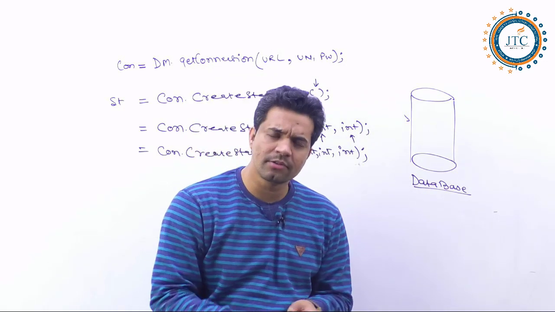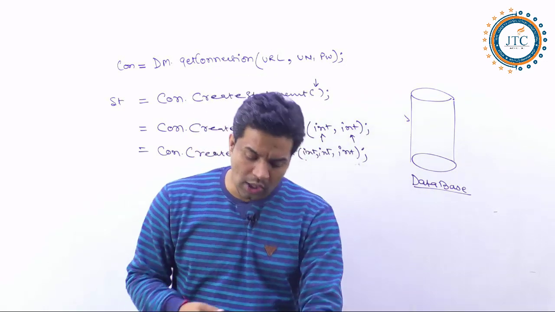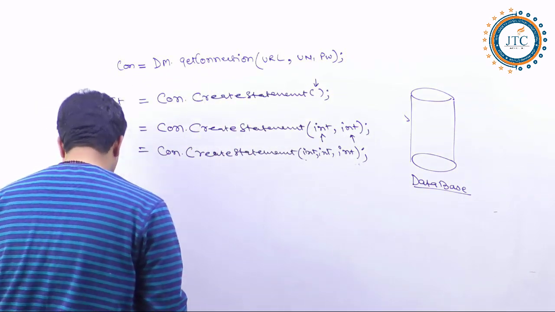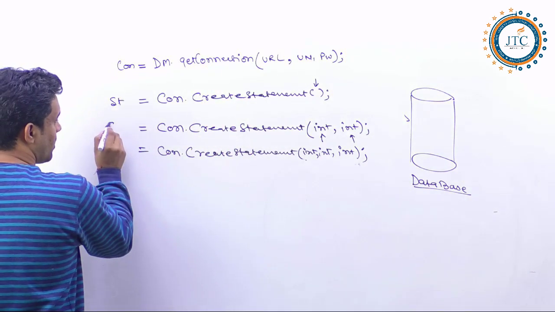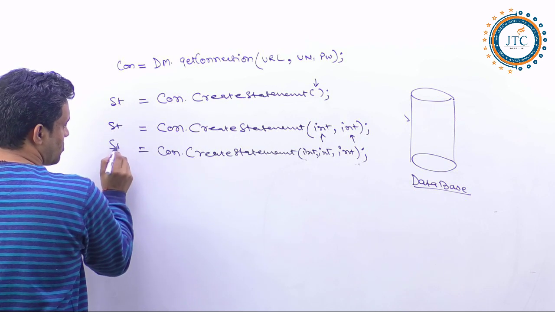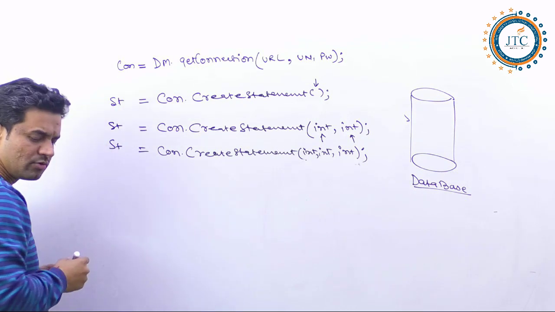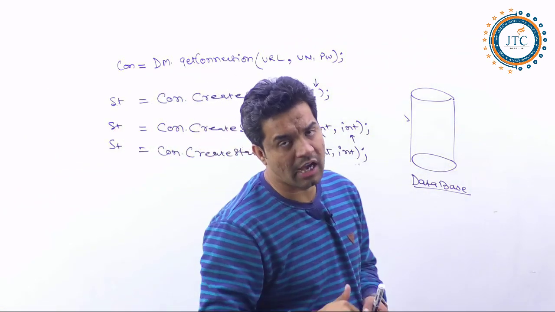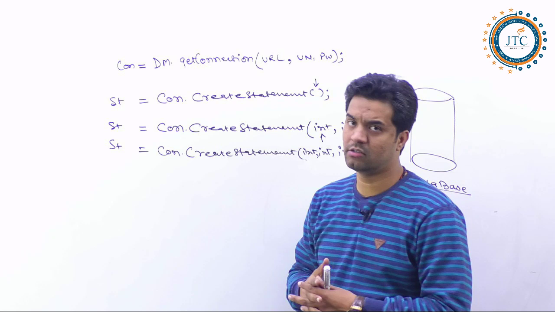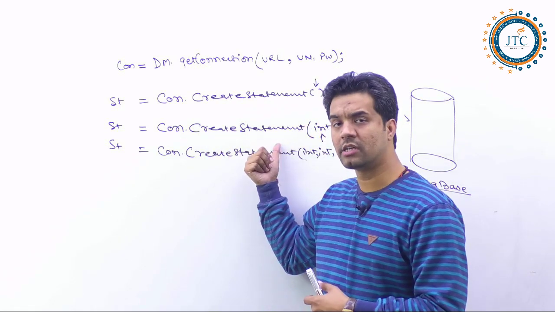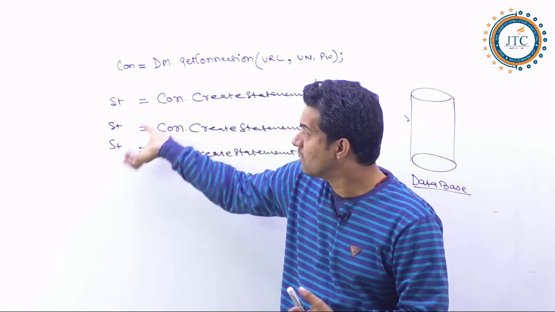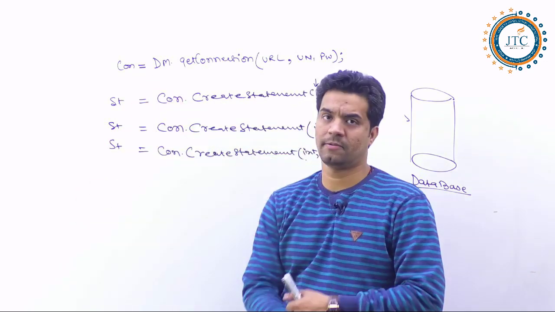So wait a minute, if you understand here, in all the cases it is a statement object. If you notice one thing, in all these three cases, whichever method or parameter you use, what is it returning? A statement it is returning.